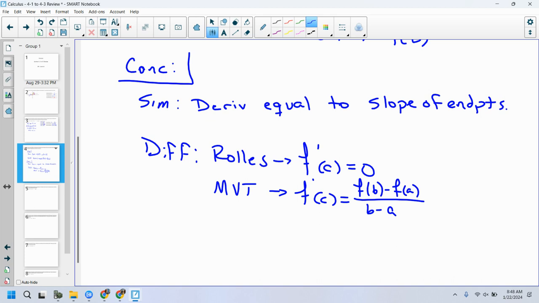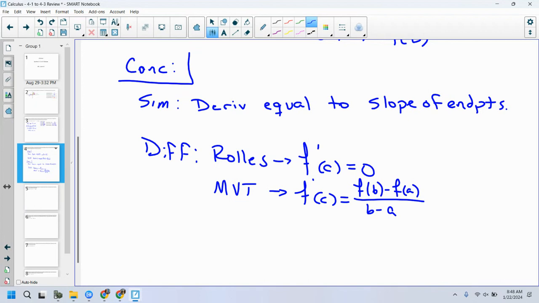Why is that a similarity? Well, because if I had stated in the hypothesis that f of a was equal to f of b, that must mean the slope of the endpoints is 0, right? So essentially, the similarity is that the endpoints are equivalent in Rolle's theorem. It's already set up that way, so the slope of the endpoints is truly 0. So you're still talking about the derivative equaling 0. Okay.